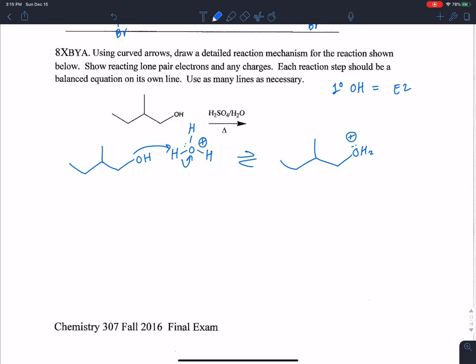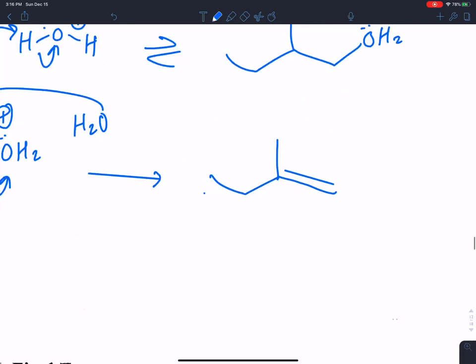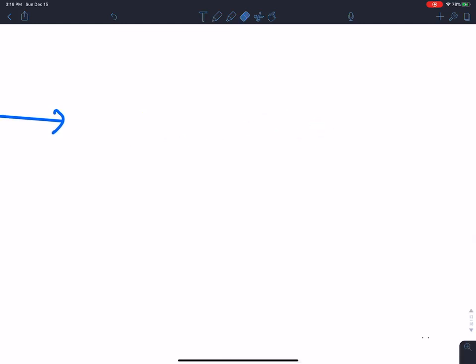At this point, you can do your E2 elimination. So let's write it on another step. OH2. So we're going to have water pick up this H. This goes here, and this comes off all in one step. Just like this. So it used to be taught a little bit differently, but for us, I believe this is how we were taught.